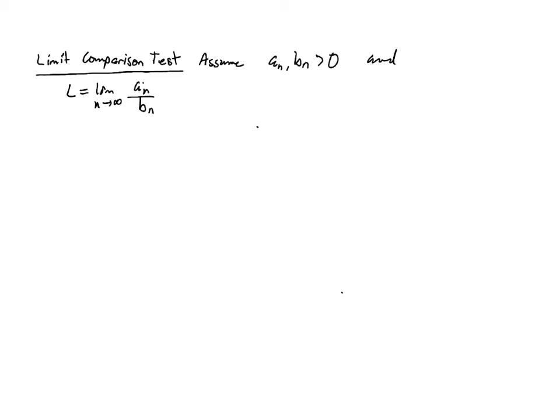And we're going to assume that that limit is positive, and of course that it is a finite number. And the fact that that limit exists and that it's positive, not zero, and that it's finite, not infinite, is really crucial for this test to work in general. So those are the assumptions.